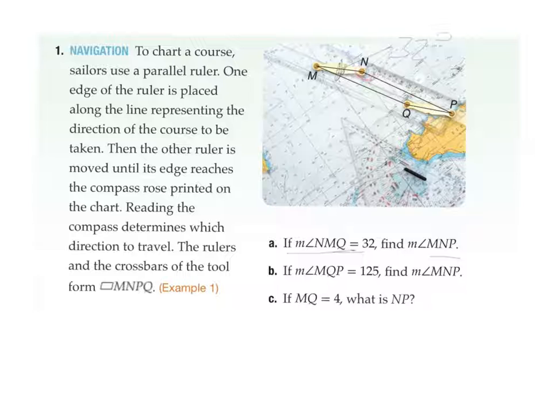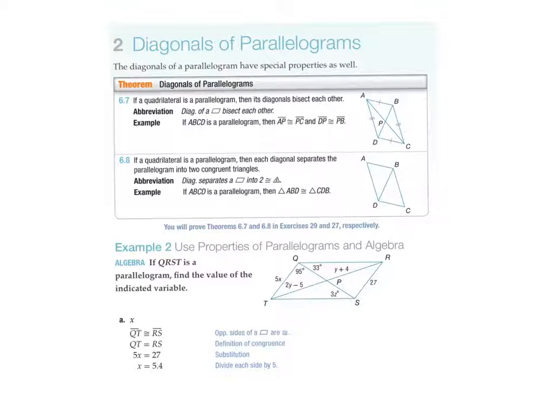You know the 32 plus angle, and we're going to call it angle N, must equal 180 degrees, because don't forget they're supplementary. So angle N must equal 180 degrees, subtract the 32, which is going to give you 148 degrees.